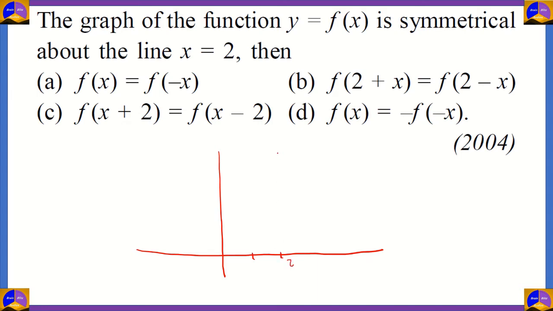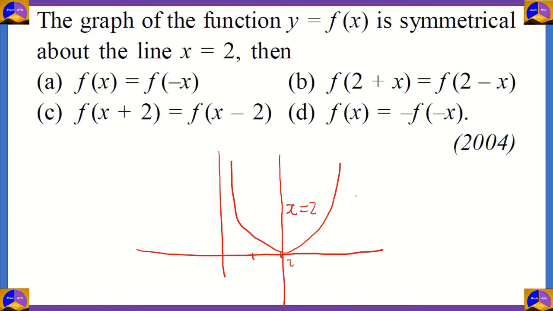At x equals 2, you have a line which is parallel to the y-axis, and that line is called x equals 2. The question says the graph is symmetrical about this line, so that means whatever graph we draw on the left-hand side will be similar to the one drawn on the right-hand side.